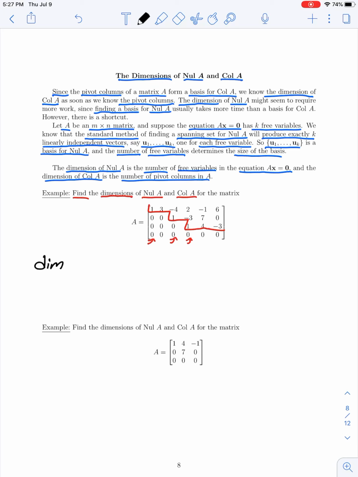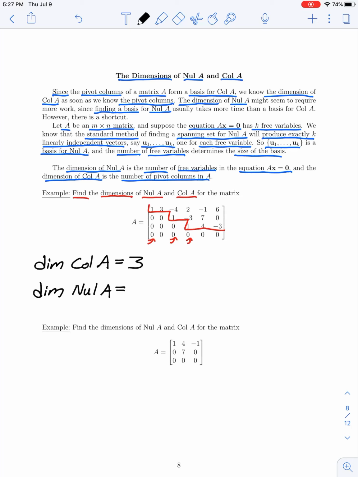So here, the dimension of the column space of A is equal to 3, and the dimension of the null space of A is equal to the number of free variables that we would have in the equation AX equals 0.